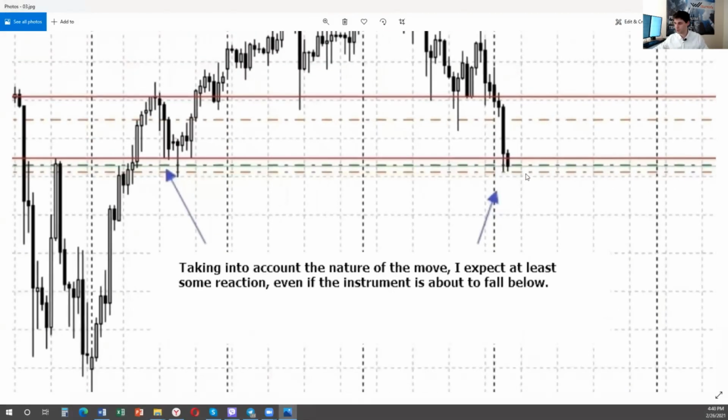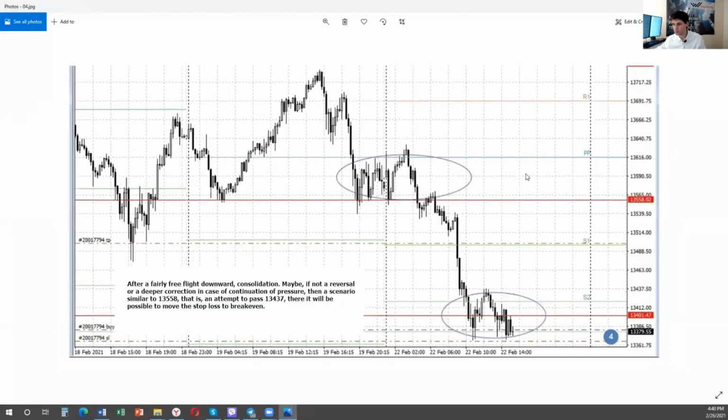So let's look at the 15-minute chart. On the 15-minute chart, everything looks not so scary as on the 4-hour chart. Here you can already see the struggle around 13,401.